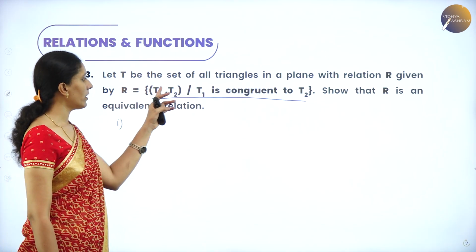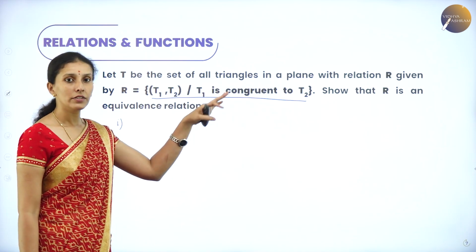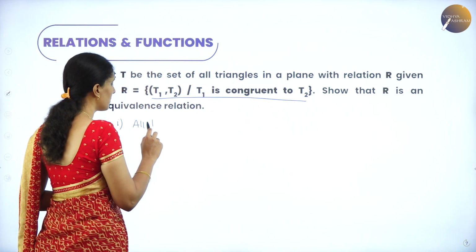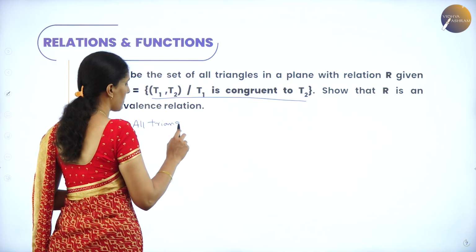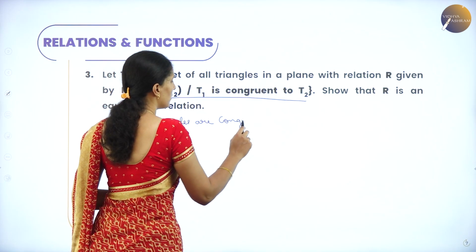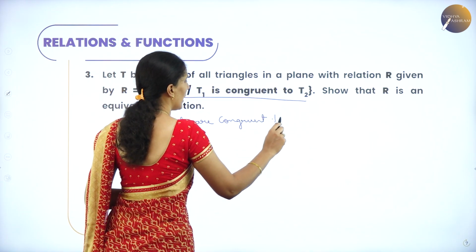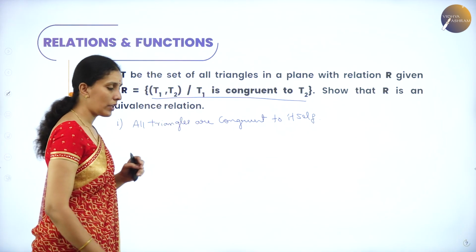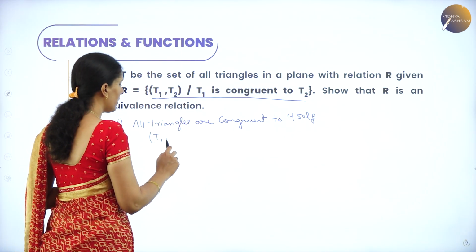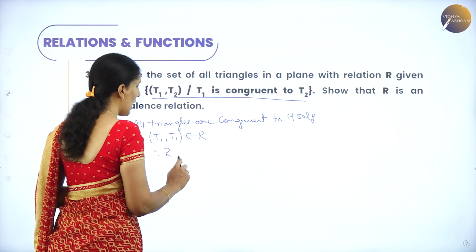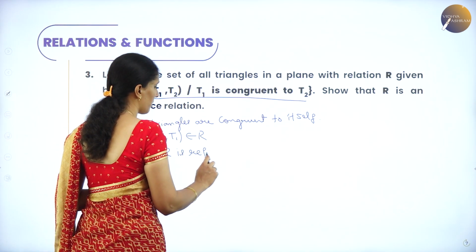So, if I write T1, T2, then T1 is congruent to T2. We know that all triangles are congruent to itself. So therefore I can write T1, T1 belongs to R. So therefore R is reflexive.